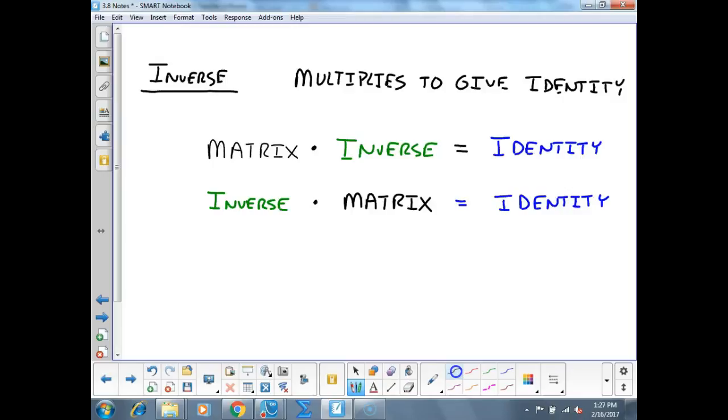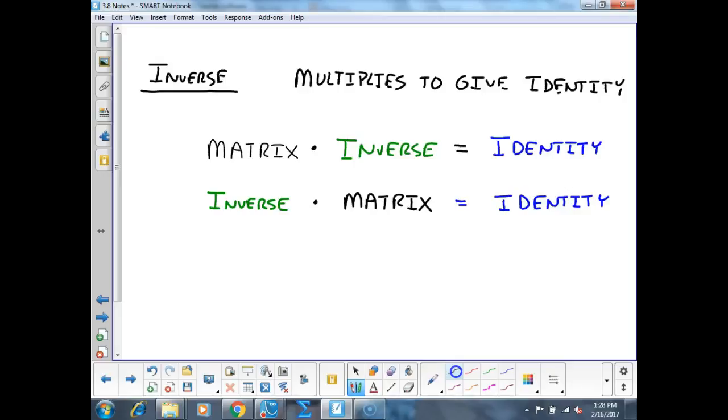Now, we're going to focus on that last one because it works. For inverses and identities, it works without having order. But when we use it today, order is going to matter because one side of the equation is going to have the inverse times its matrix, and we're going to make it go away.